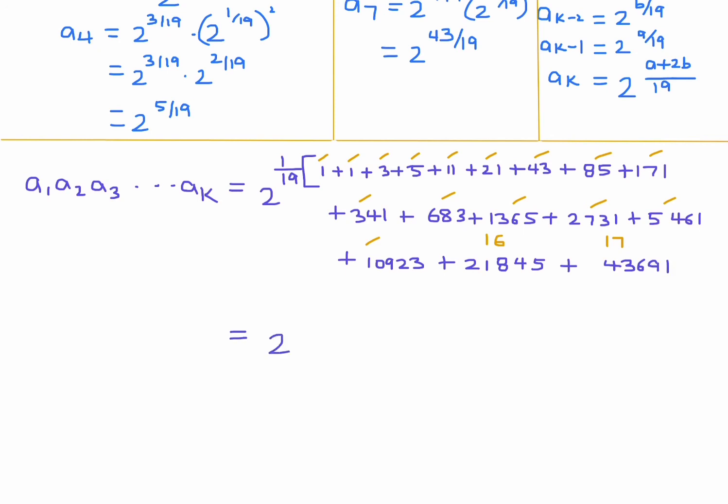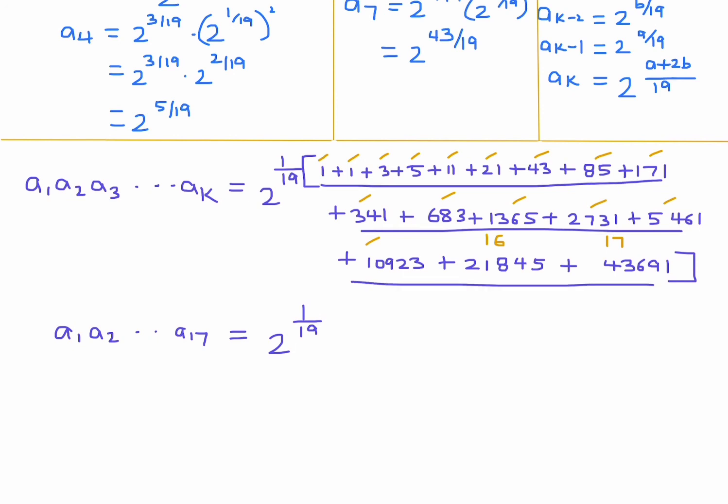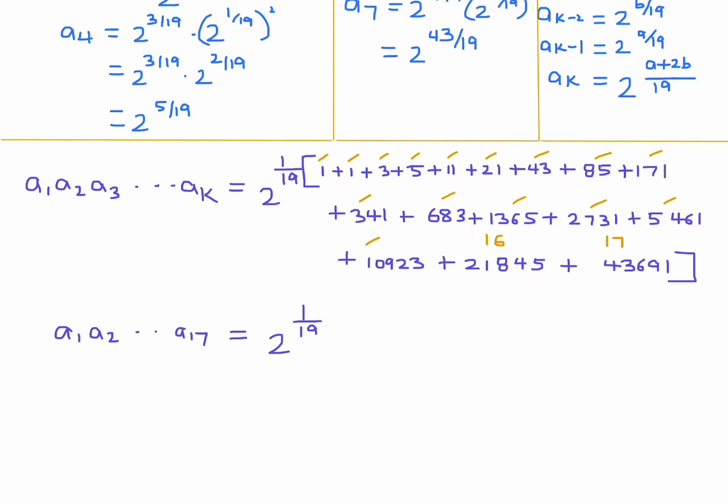Okay, let's see. 2 to the power of 1 over 19. So this would be A1, A2, all the way till A17. Now we've got to add up all these numbers. And when you do, you get the following number, 87381.